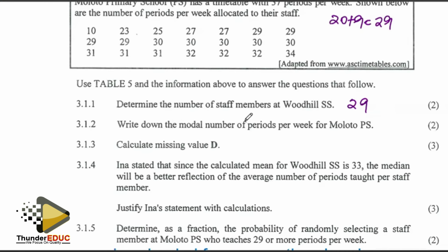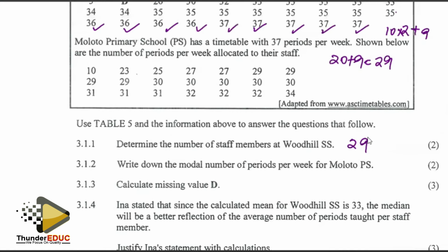Write down the modal number of periods per week for Moloto Primary School. Now, take note, modal comes from mode, the number that appears most. We have 27 appearing twice, 29 appearing 4 times.